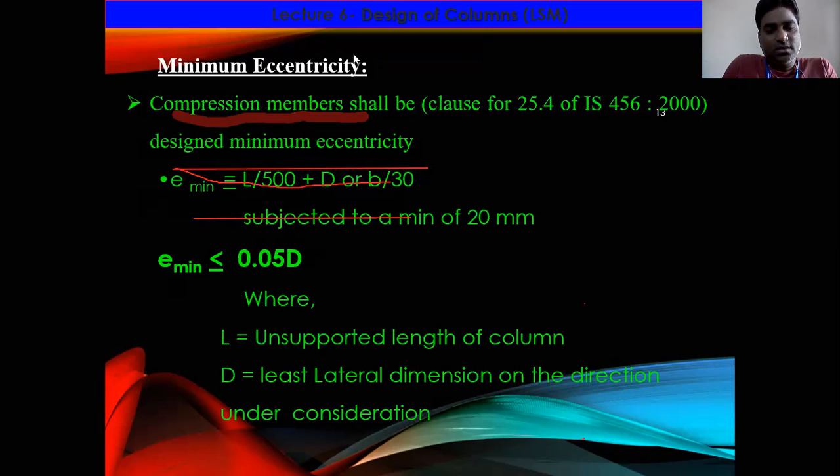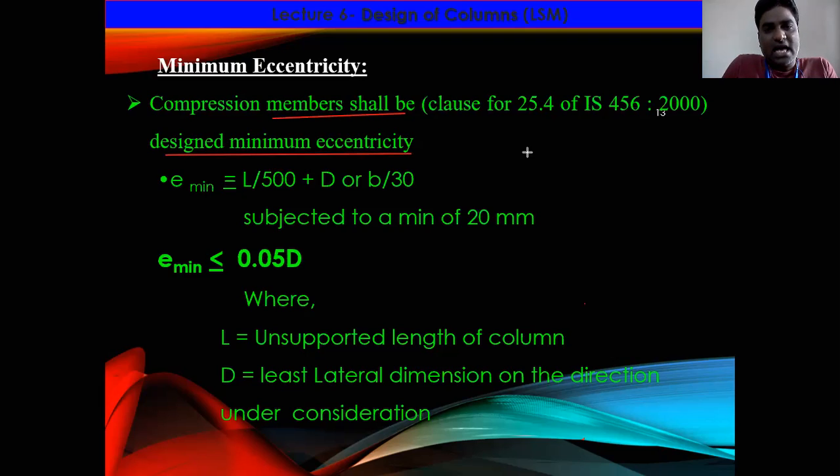As per the codal provisions, the compression member shall be designed for minimum eccentricity. That means whatever member you are going to design should allow the minimum eccentricity as per clause number 25.4 of IS 456-2000.